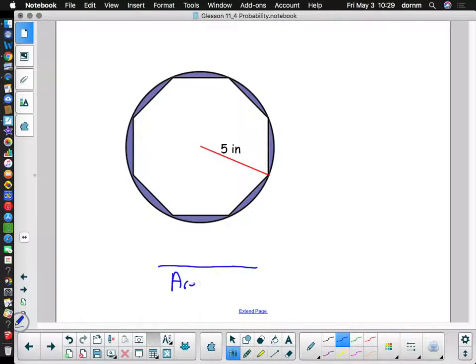So the area of the circle is my total area. For my shaded area, I take the area of the circle and what? Subtract the area of the octagon. Still can't spell today.